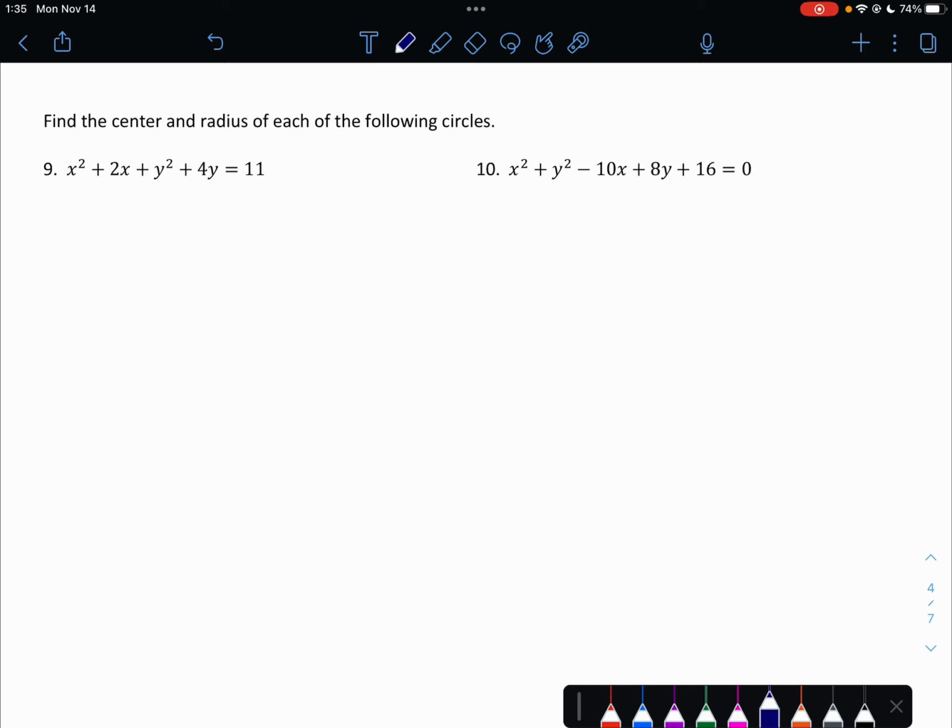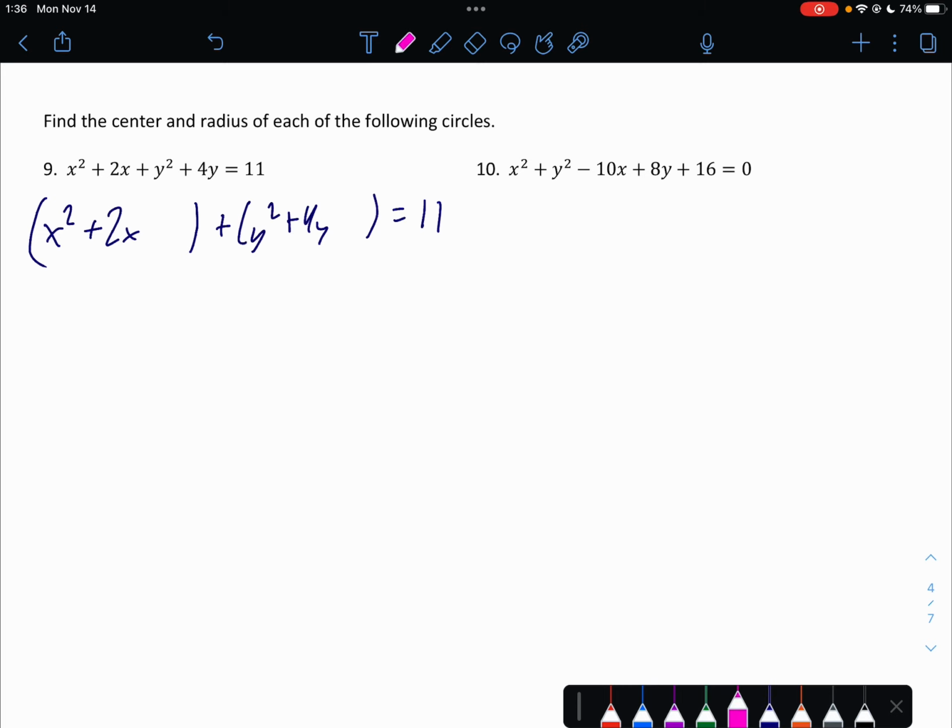All right, last 2, find the center and radius of each of the following circles. To do this, we're going to put these in standard form. And to do that, we're going to have to do some completing the square. All right, so first I'm going to group together my x's, my y's, and bring every constant over to the other side. The constant's already there, so that's great. Now I complete the square twice.